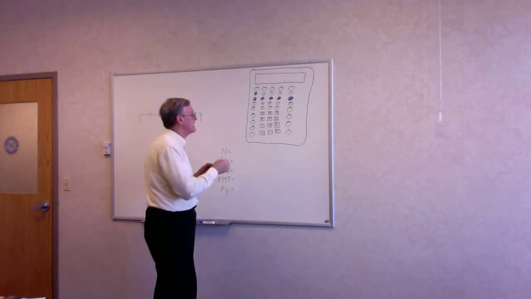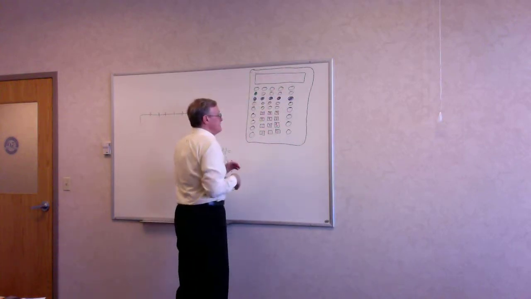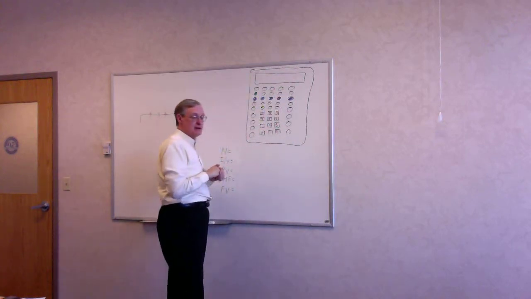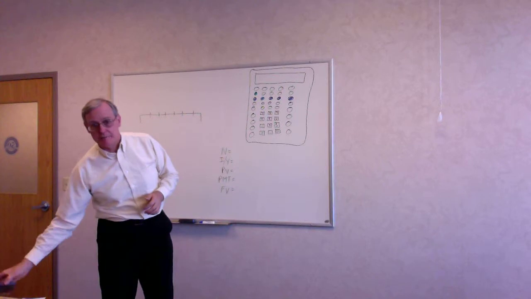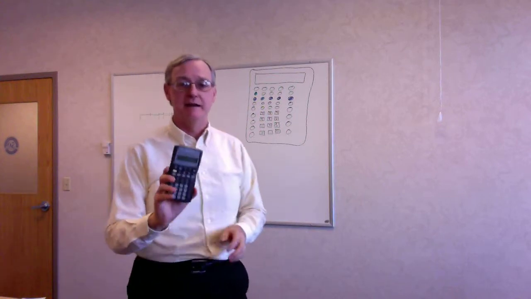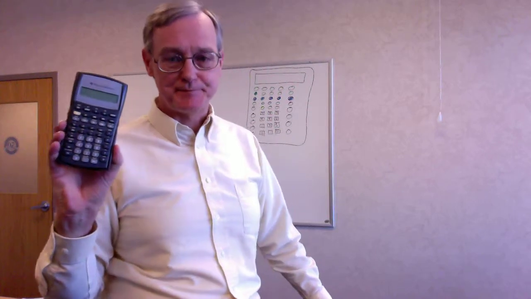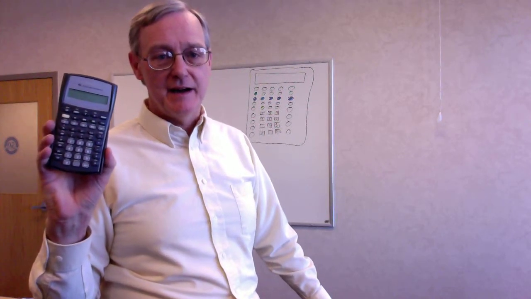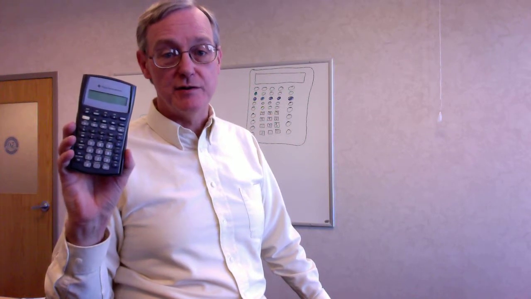We just don't have enough time. Just to make it clear that in my descriptions for the calculator, there's only a few rows that we're going to use, and I want you to get really good at those.